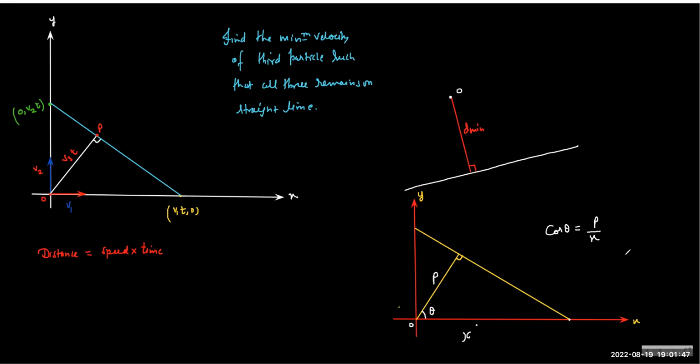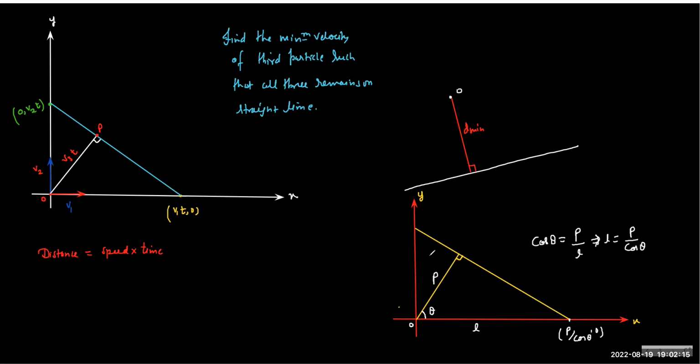Yes, sir. Actually, x here is a confusing variable. Let's call it L. So cos theta is how much, guys? P by L. So L is how much? P by cos theta. So I know the coordinate of this point, which is P by cos theta, comma 0.